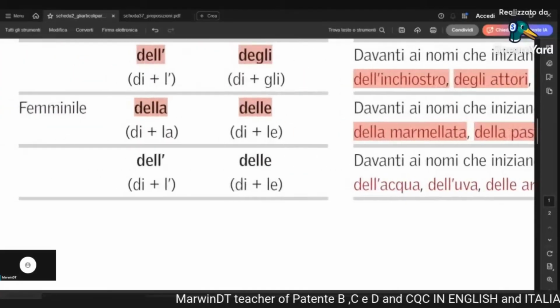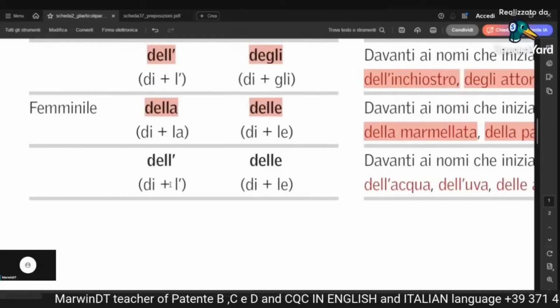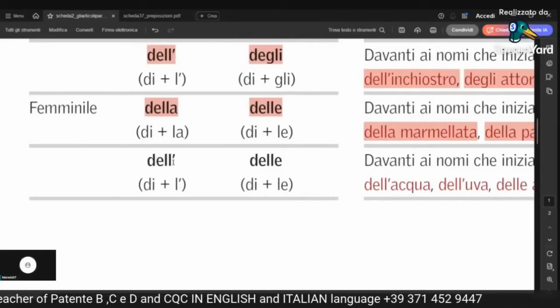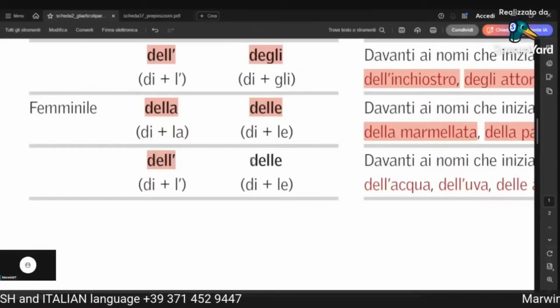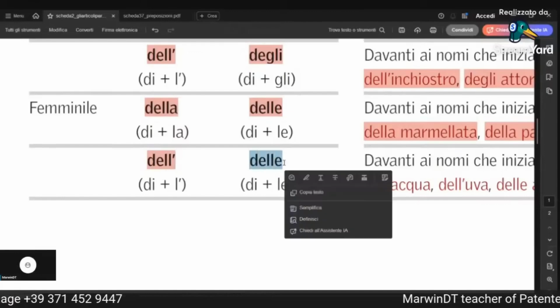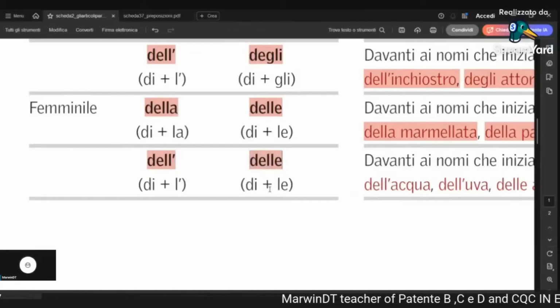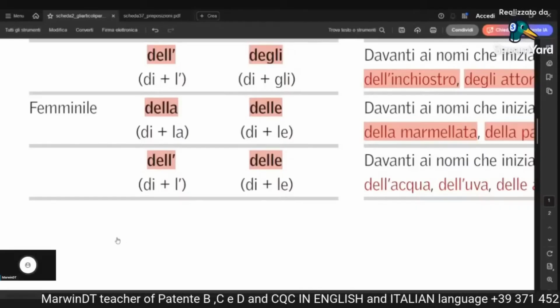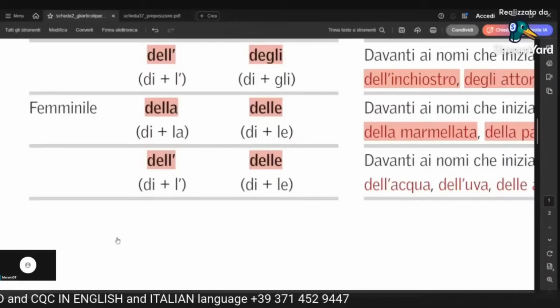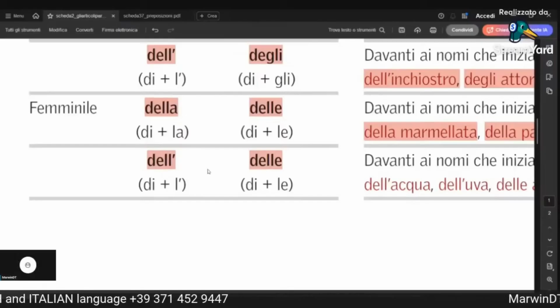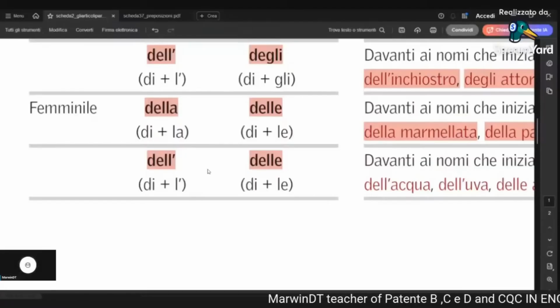Okay. The last one, dell' is D plus L apostrophe. Then we have delle, which is D plus le. Are you learning something? So now the exercise, the example of dell' and dell' or dell' and delle.